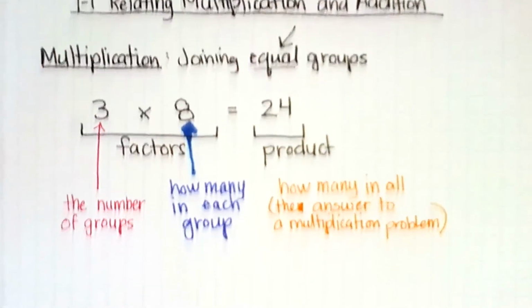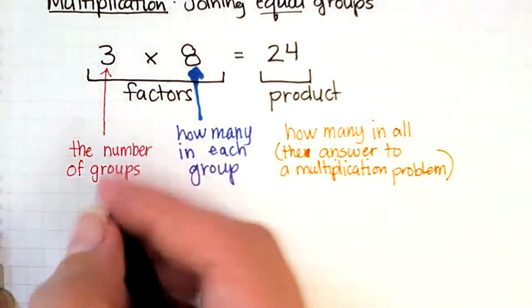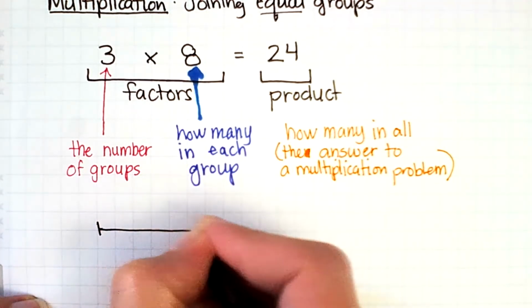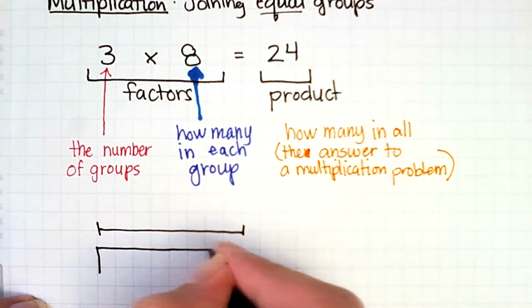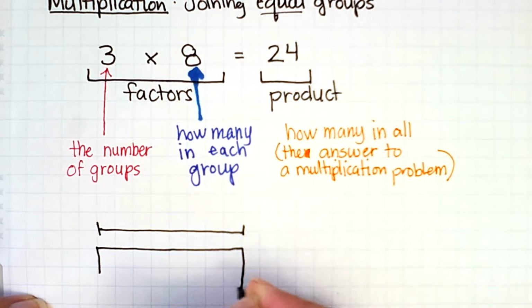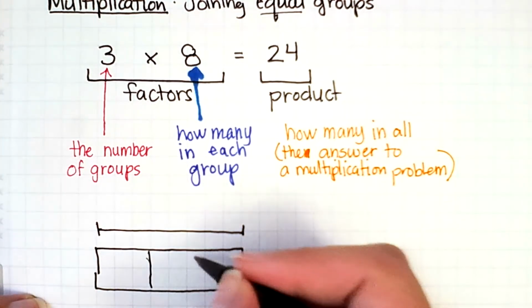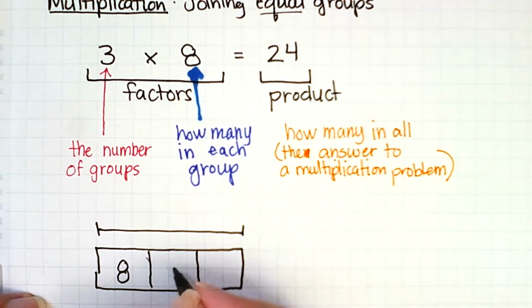Now we related addition to multiplication when we drew it out. So we drew out everything we knew. And we knew that each group had 8 in it.